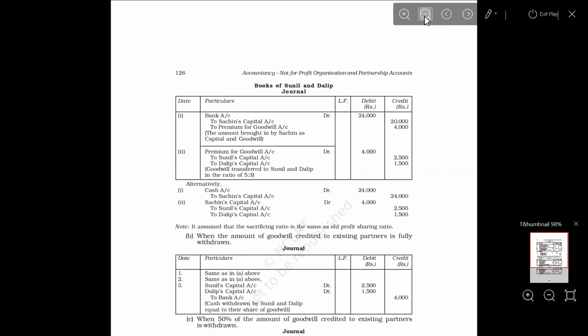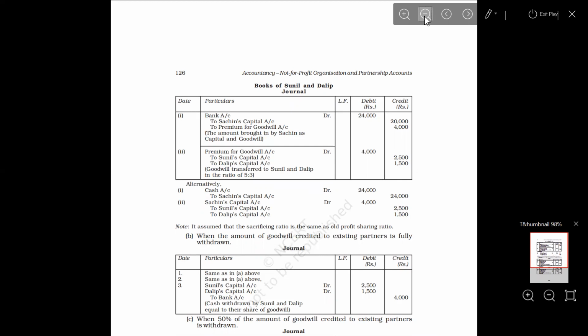Fully withdrawn means that the partners take it back from their capital. So it is just like an expense to the business. From a business point of view, it is considered an expense, because the business resources reduce when partners take back their amount.